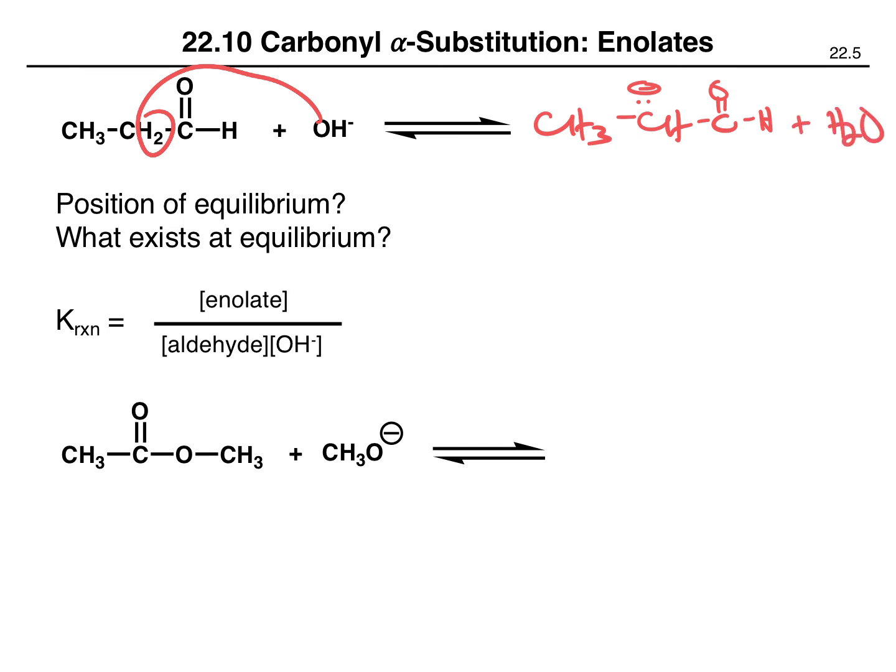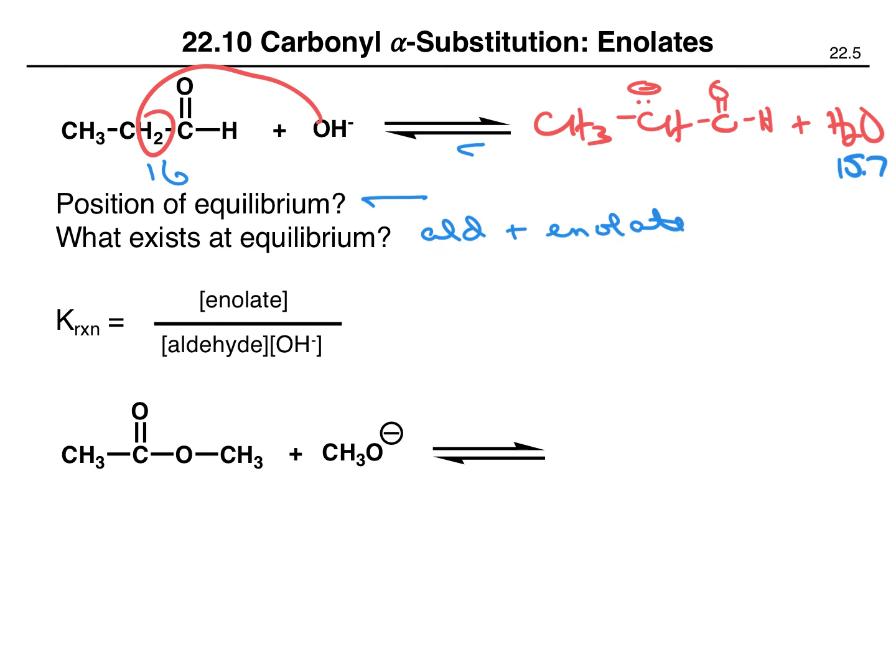And because we're talking about a pKa of about 16 compared to 15.7, the equilibrium lies just a little bit toward the left. So the position of equilibrium is to the left. What exists at equilibrium? Well, this is going to be a mixture of both the aldehyde and the enolate. Right? So usually we want to think mostly qualitatively, maybe a little bit in terms of relative concentrations. In this case, we're going to have a little bit more aldehyde than enolate.